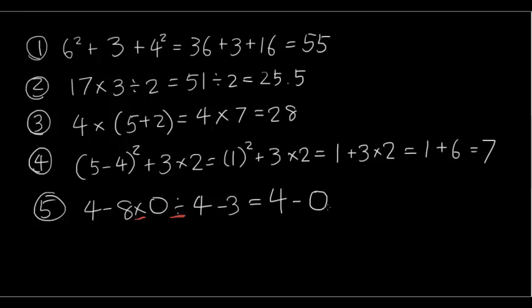Anything times 0 is 0. Divided by 4 minus 3. Okay, so we have a divide. 0 divided by 4 is obviously 0. So 4 minus 0 minus 3. 4 minus 0 is 4, minus 3 is 1.